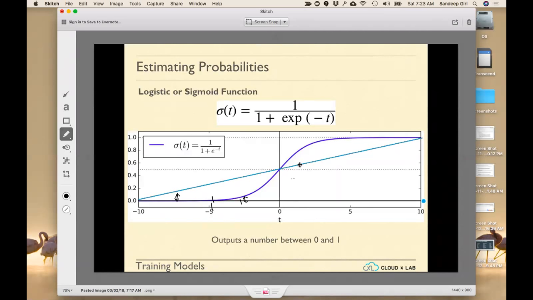And if you talk about the extreme case, let's say we converted these numbers into a line like this. So at every point, this function, whatever it is, is converting t into a probability.